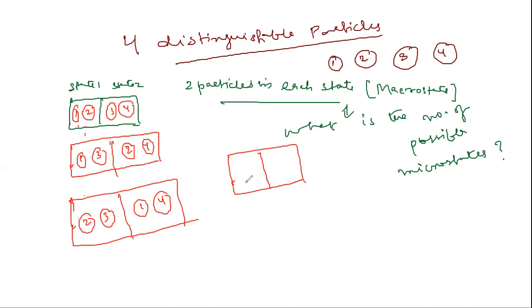Next possibility is you place 3 and 4 in state 1 and 1 and 2 in state 2. Next possibility is you place 1 and 4 in state 1 and 3 and 2 in state 2.